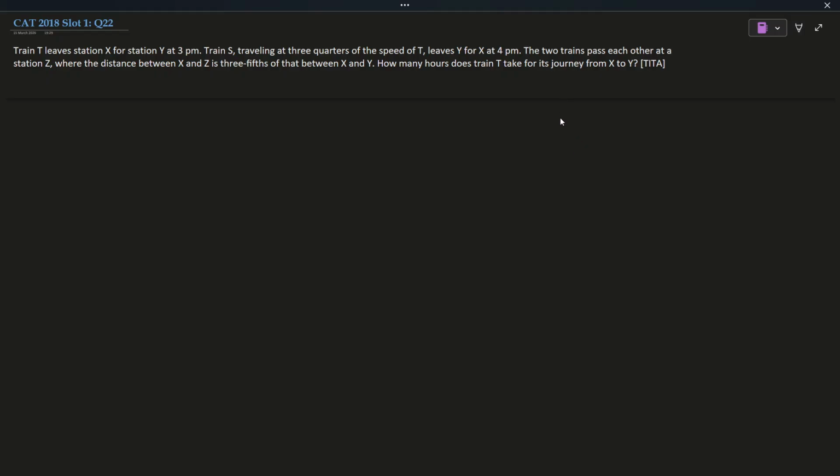This is a time, speed and distance problem. This is station X, and this is station Y. At 3 p.m. train T leaves for Y. At 4 p.m. S leaves, right?